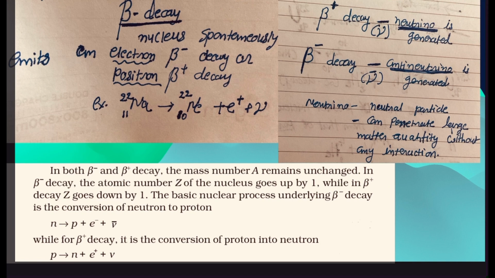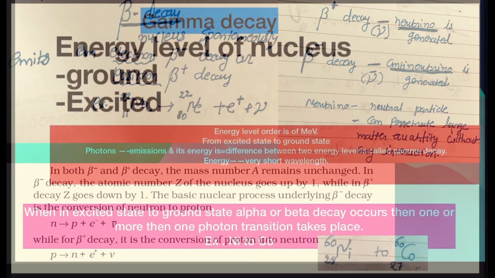In beta minus decay, the atomic number Z of the nucleus goes up by 1, while in beta plus decay it goes down by 1. So the basic nuclear process underlying beta minus decay is the conversion of a neutron to a proton, while for beta plus decay, it is the conversion of a proton to a neutron.